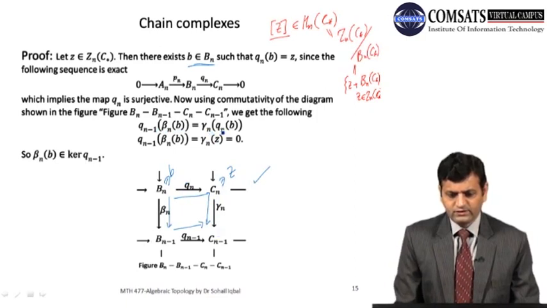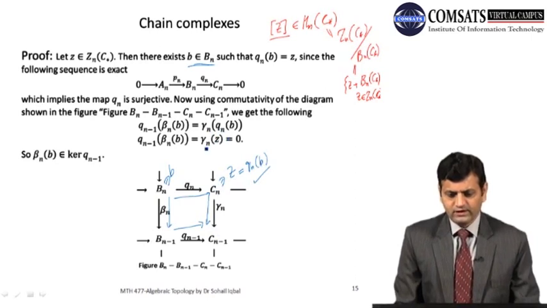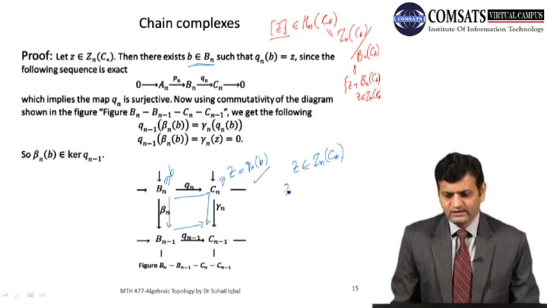Since Qn of b is equal to z, this becomes γn of z. Now we also know that this z belongs to Zn of C star, so z belongs to the kernel of γn.